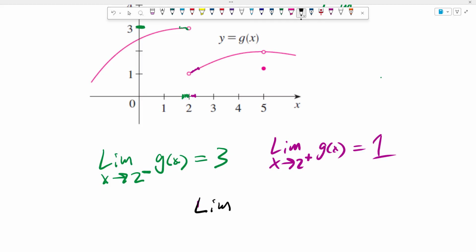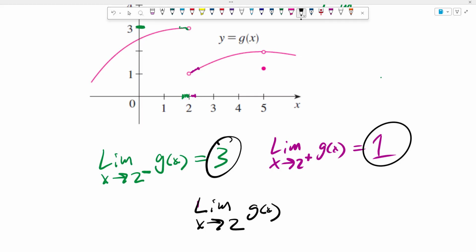And what is the limit as x approaches 2? Does not exist. We don't have to look at anything except this number does not equal this number. The left-hand limit does not equal the right-hand limit. The limit as x approaches 2 does not exist. And what is g of 2?